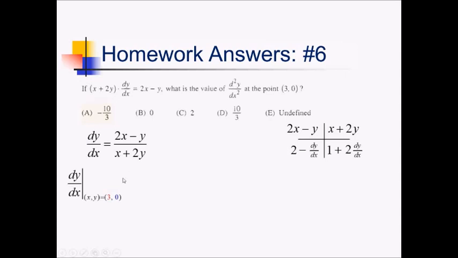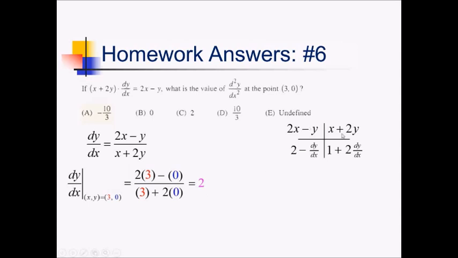So plugging that in, we've got 2 times the x value 3 minus the y value of 0 all over the x value 3 plus 2 times the y value 0. So these zeros are just gone. We just really have 2 times 3 over 3. 6 over 3 reduces to 2.